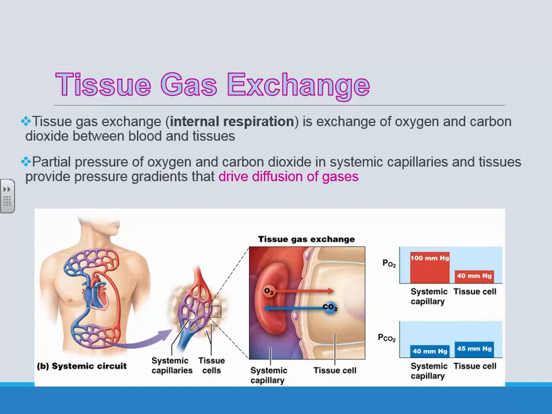So again, there's more oxygen in the capillary than there is in the tissue. The partial pressure of the carbon dioxide is the same as it was in the lungs, but the solubility in the water will allow it to be soluble and drive it from the tissues onto the red blood cell.